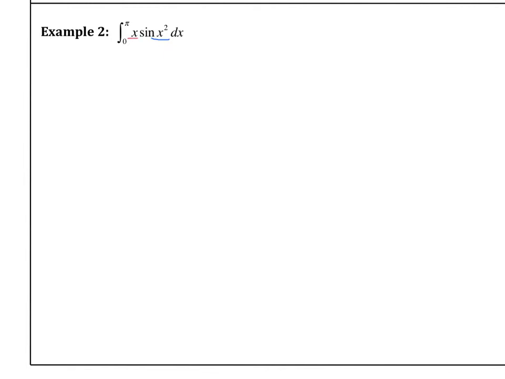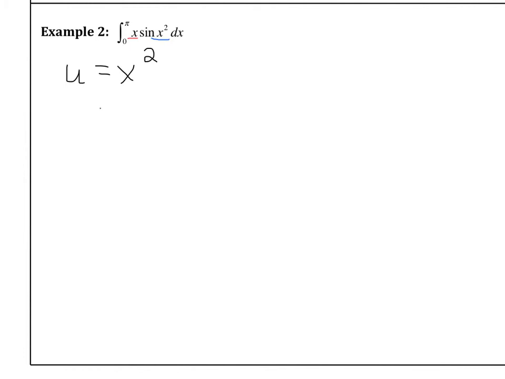X, you're of the right order to be the derivative of x squared. However, if I choose u as sine x squared, now my derivative that I'm looking for needs to have a cosine something, and I don't see that. All right, so the question is, whose derivative do we see? X squared. So that's our u.